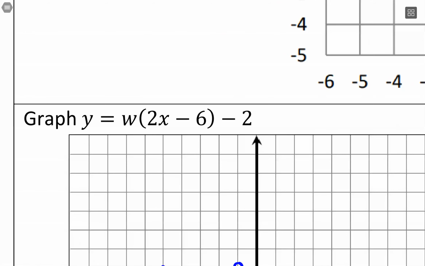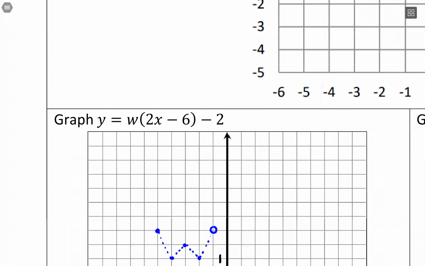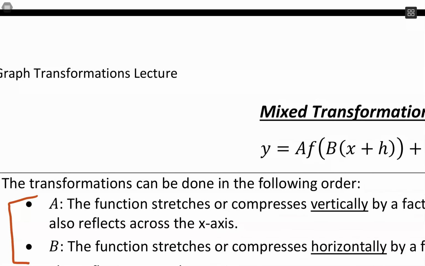Now, something about that letter B, that horizontal stretch compression, something that's important to notice is in the original form, that value of B is factored out of the expression. So there might be something multiplying with x, but if that plus or minus h is not in parentheses, then what you need to do is look for a greatest common factor between those 2 values.